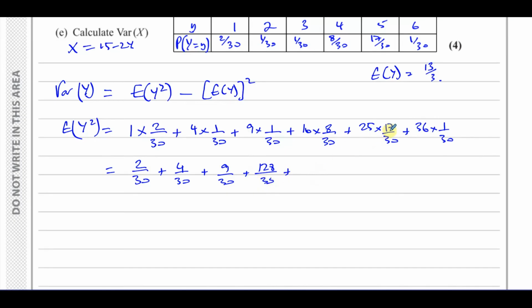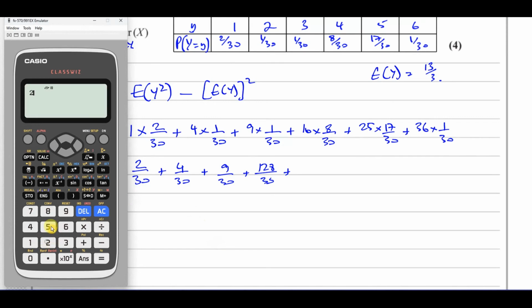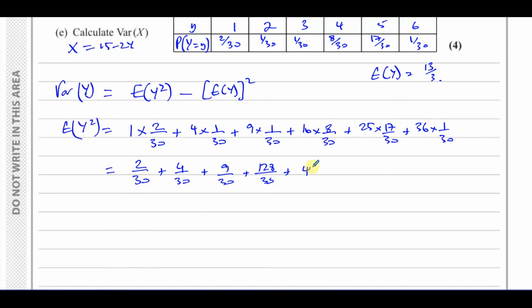plus 25 times 17. That's like 10 times 25 is going to be 250, and 7 times 25 is going to be 375, I think. Let me just put that on the calculator. 25 times 17, that's going to be 425, so you have 425 over 30 plus 36 over 30.